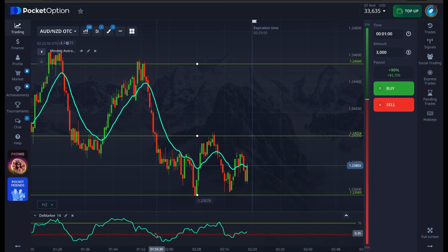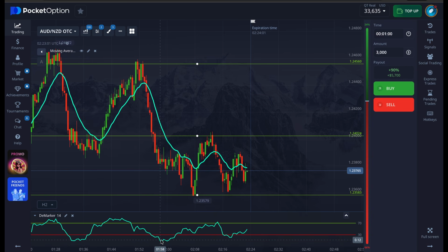Sellers are basically trying to sell a lot, and then at some point the sellers get exhausted, and that's the rule of the market. So when the trend goes down, it has to go up at some time.